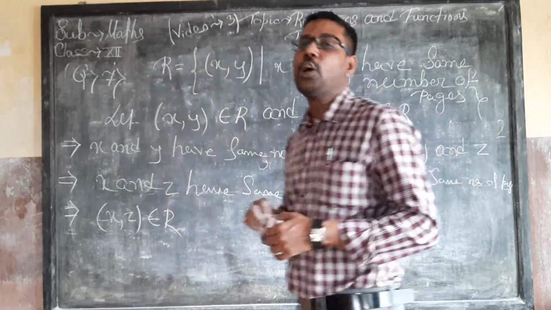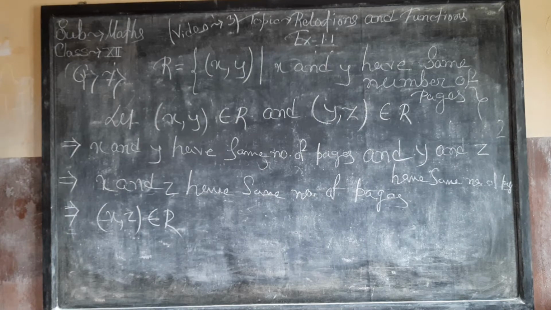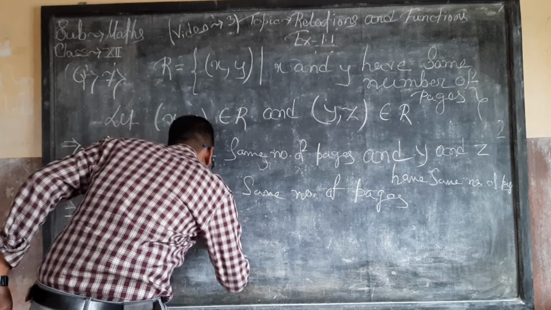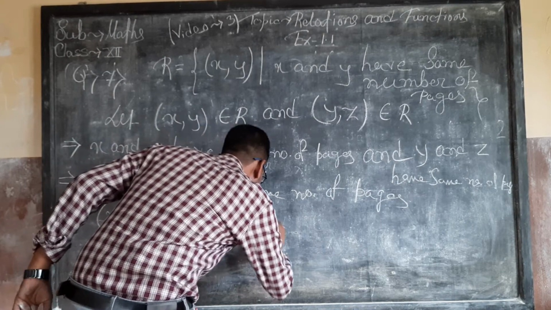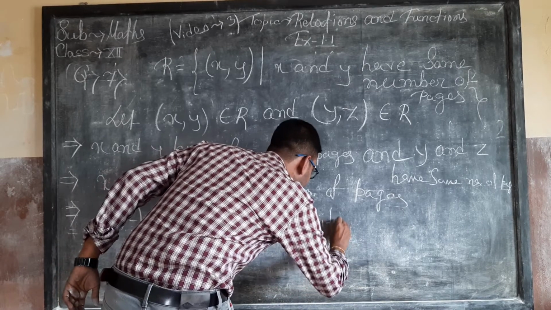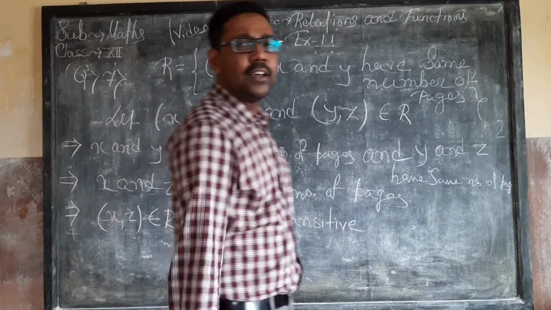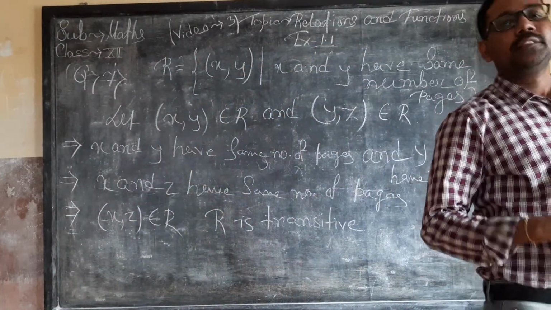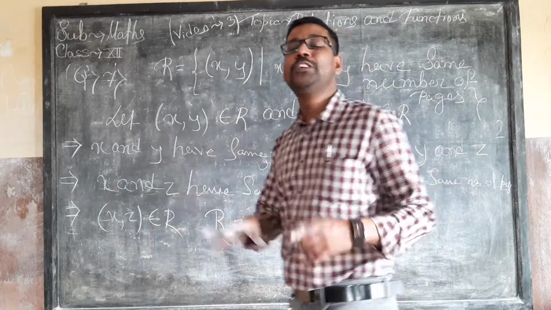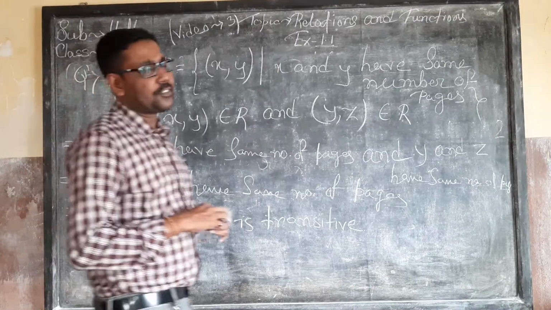So R is transitive. And from this we conclude that R is an equivalence relation. This is the procedure to prove this type of problem. Okay. So that's all for today's lecture. Thank you everybody.